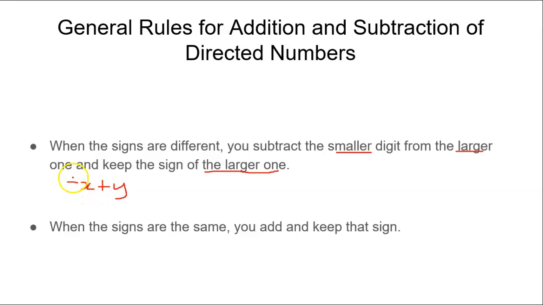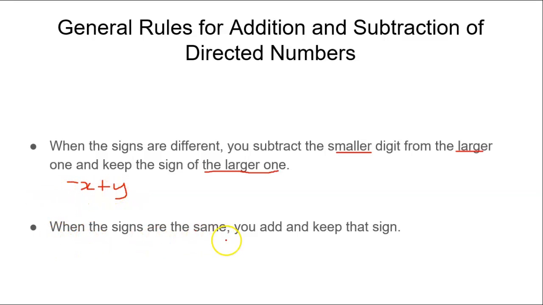The signs are different. You have a negative sign here and a positive sign here. So because the signs are different, you would have to subtract whichever one of the numbers is smaller from whichever one is larger, so you would be able to get your answer. When the signs are different, you subtract and keep the sign of the larger number.